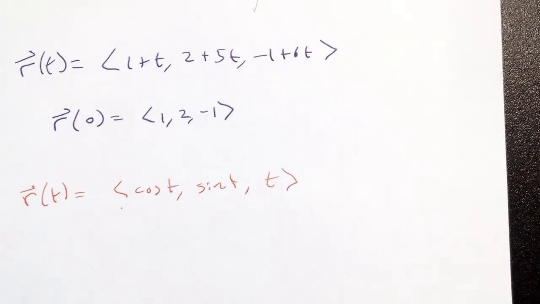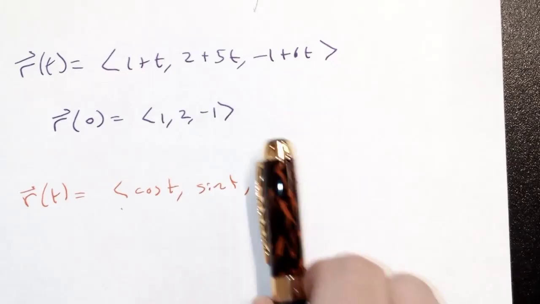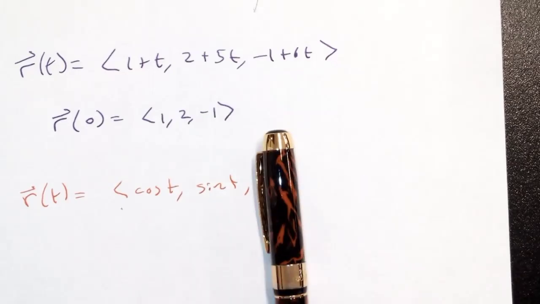So let me think about what's going on here. I'm going to think in 2D to start. So for the moment, let's ignore that. What's that graph as t gets bigger?